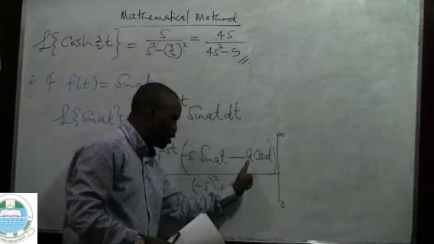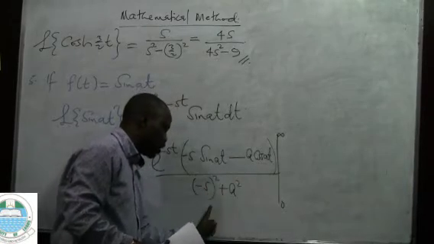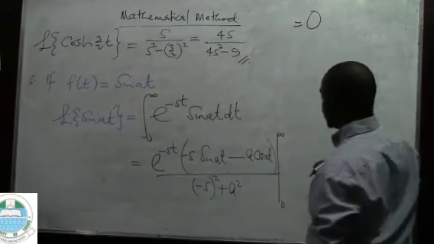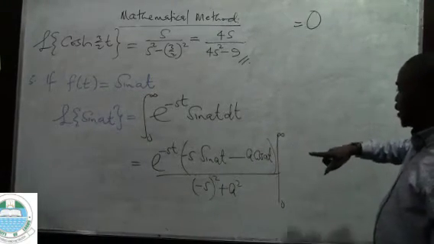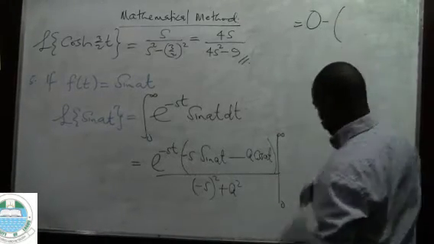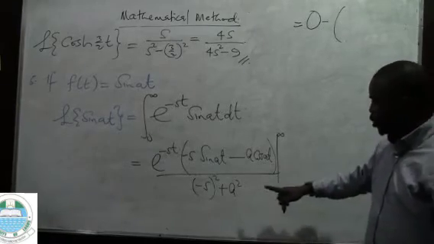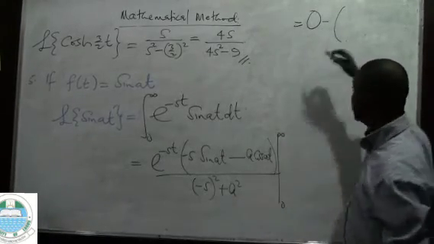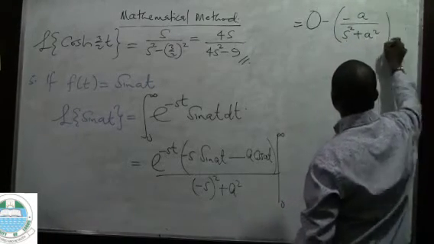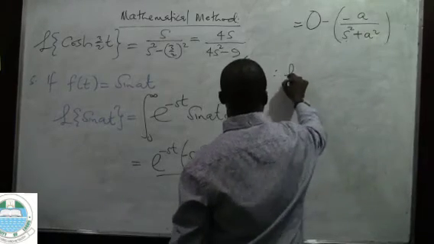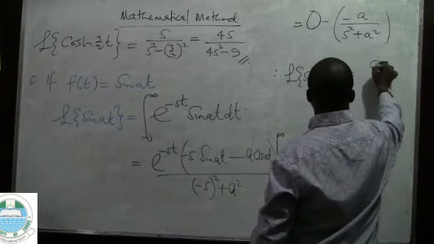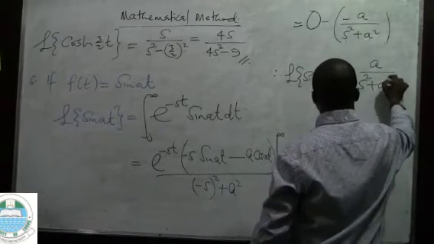So we are only left with minus a divided by what we have at the denominator. The upper bound, upon taking the limit as t approaches infinity, will give us 0 minus, with respect to 0, the whole of this expression becomes minus a divided by s squared plus a squared. So the Laplace of sine at becomes a divided by s squared plus a squared.